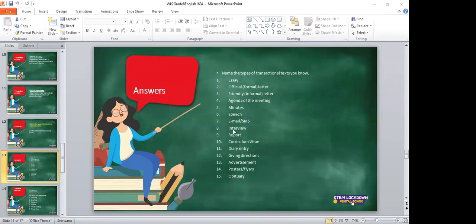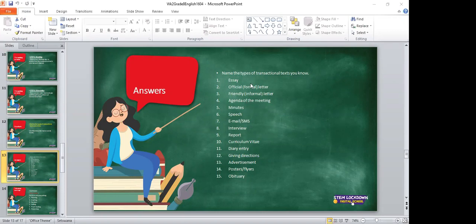Interview, report, curriculum vitae. You're still going to need to write this later on as you grow, when you apply for bursaries and jobs. A diary entry, giving directions like we did in lesson 1. Advertisement, posters and flyers, obituary. Yes, I see Henrico also says facts. Yes, that's correct. Even though it's not there on mine, facts is also one of the transactional texts.